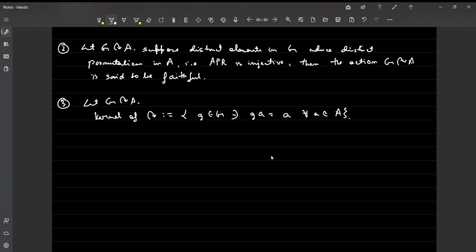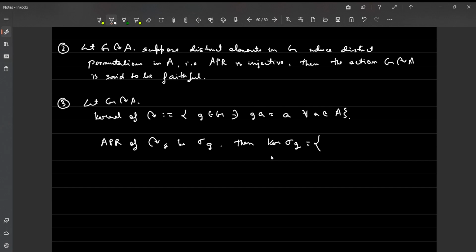Notice two things from here. First, if you consider the associated permutation representation of the action, and let that associated permutation representation be sigma G, then what is the kernel of sigma G?